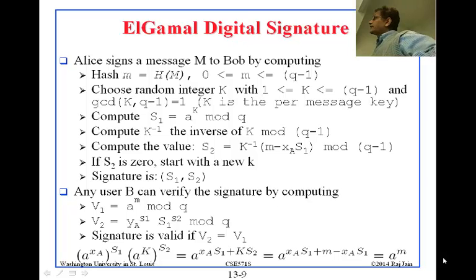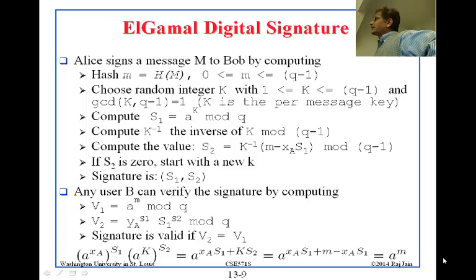Now, any user can verify that this is a valid signature by doing this. They can calculate V1, which is A raised to M mod Q, because they can calculate the hash. The message is in clear, and if it is not in clear, you will have another encryption key and you will have it clear.